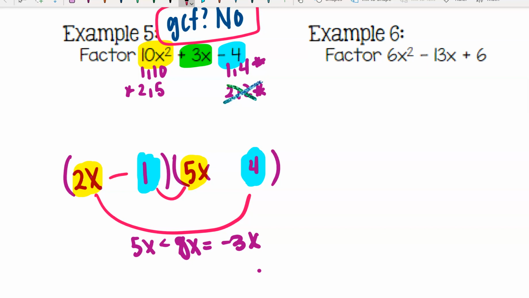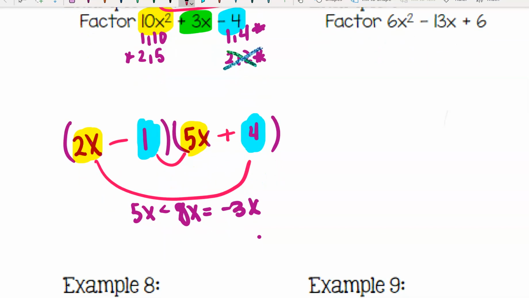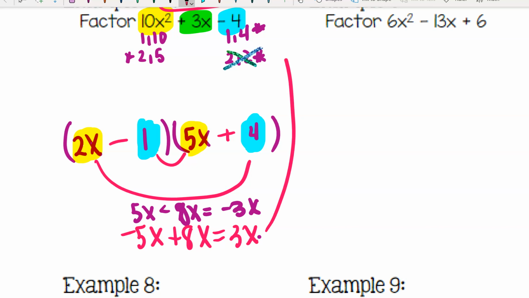I'm going to make the minus go with the 1 and the plus go with the 2. Now when I do my multiplication, my bigger number ends up being positive. So I now have a positive answer that should give me the middle term that I started with. I know my yellow highlighted boxes will give me 10x squared.